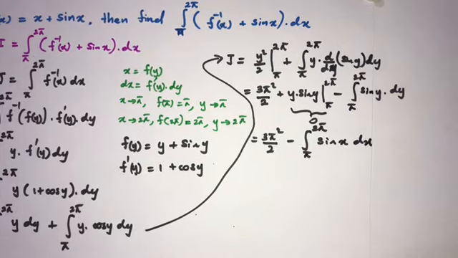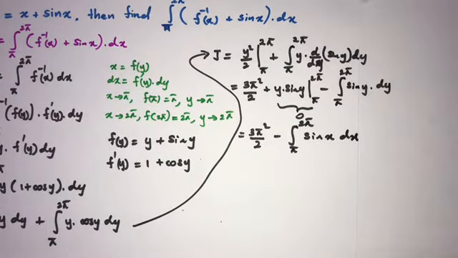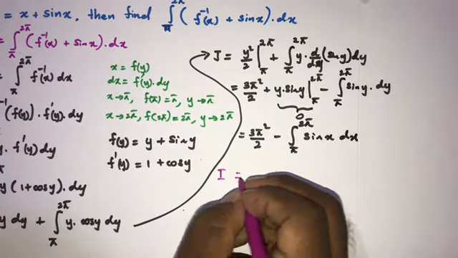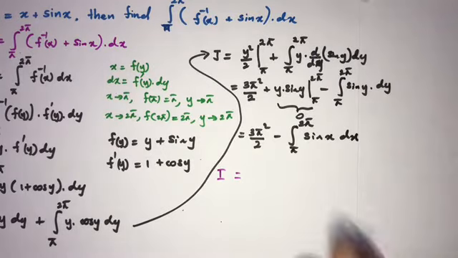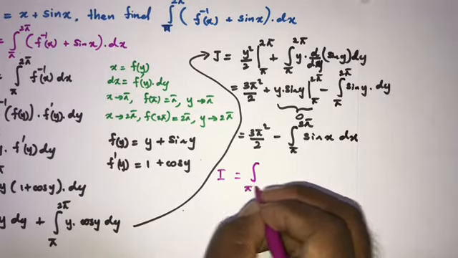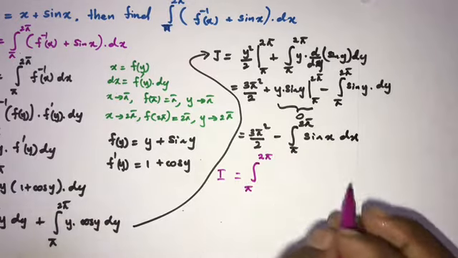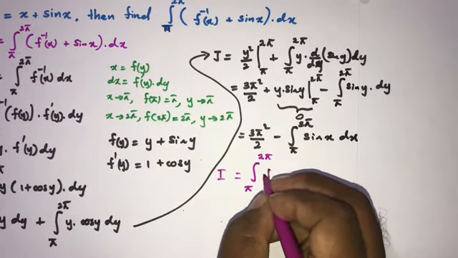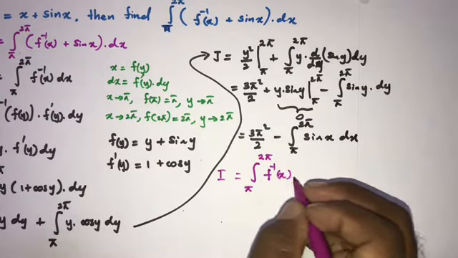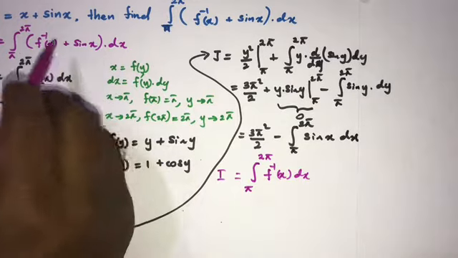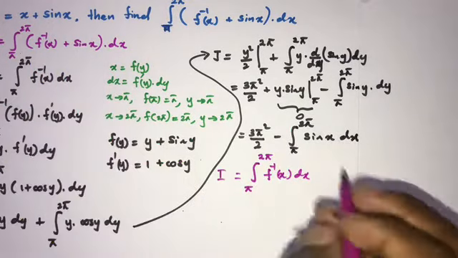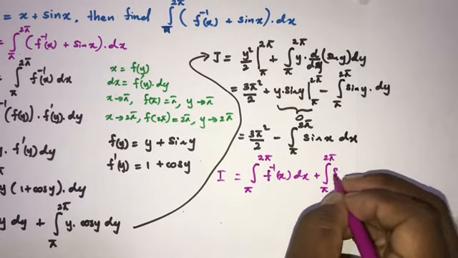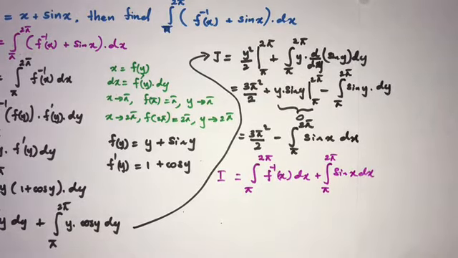Then I am going to take this integral I, so I is equal to the integral from pi to 2 pi of inverse f of x dx plus the integral from pi to 2 pi of sine of x dx.